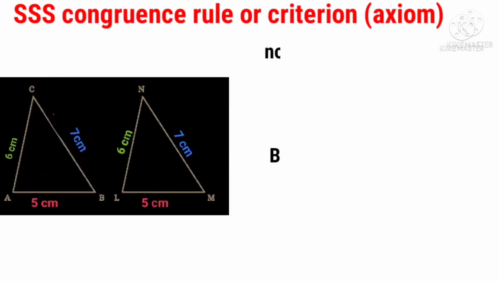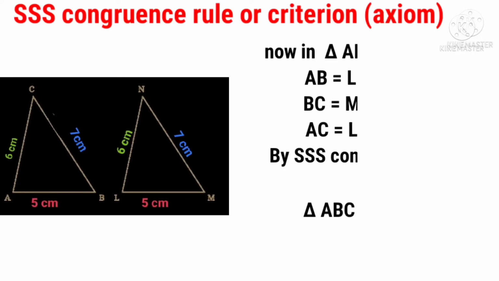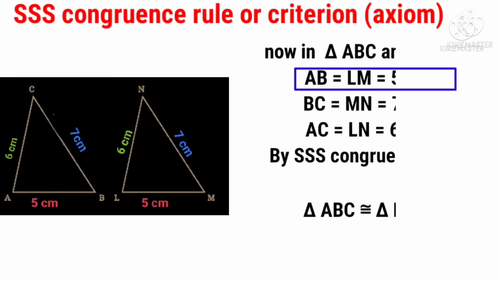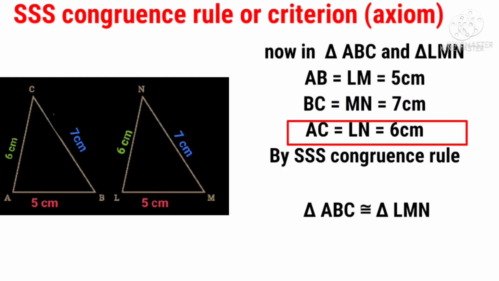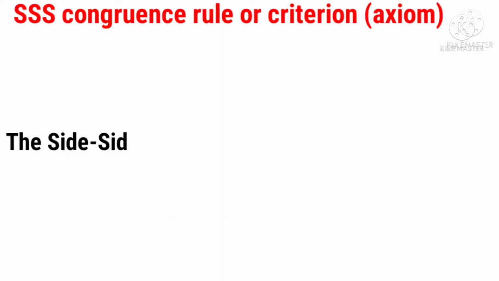See here, in triangle ABC and triangle LMN, AB equals LM equals 5 centimeters, BC equals MN equals 7 centimeters, and AC equals LN equals 6 centimeters. That means the three sides are equal. So by the SSS side congruence rule, these two are congruent.